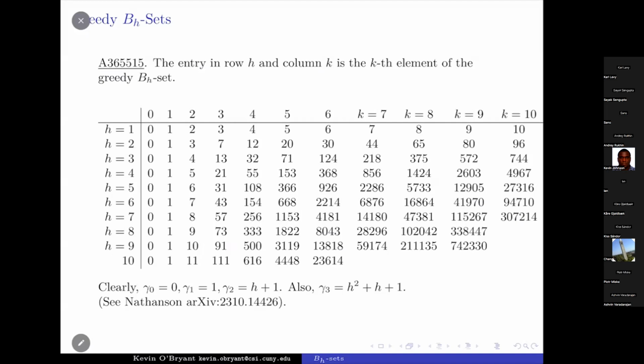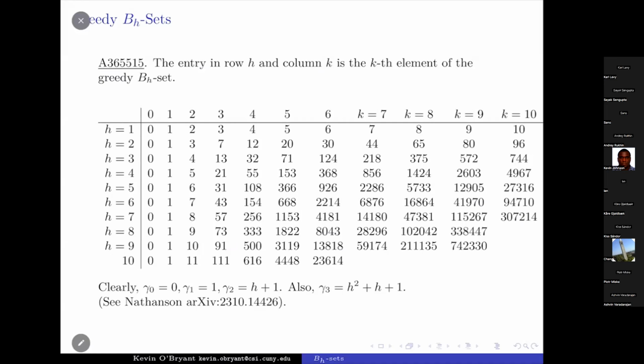The second row is the greedy B2 set, that's the Mian-Chawla sequence, about which nobody has ever managed to say anything theorem-wise. It's all computational work only. And then we have the greedy B3 set and the greedy B4 set. So these rows are enigmatic. So far as we know, it's impossible to say anything about the rows other than computation.